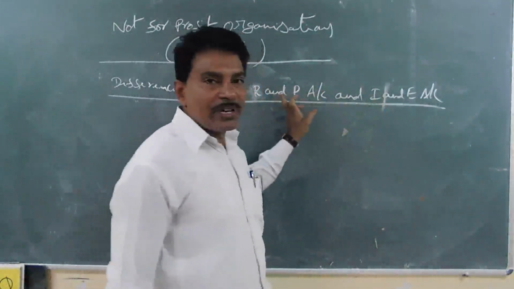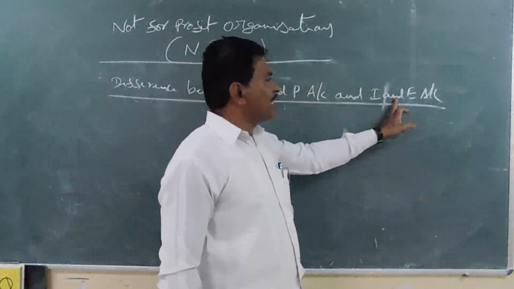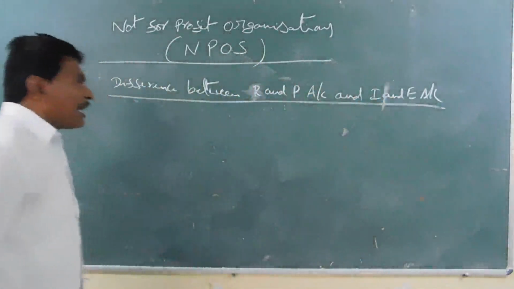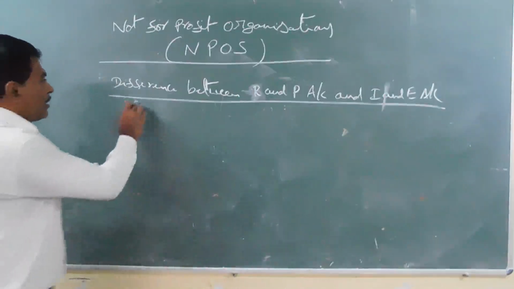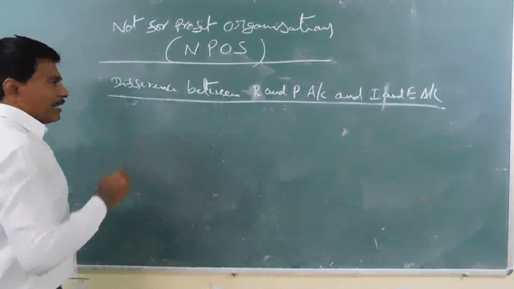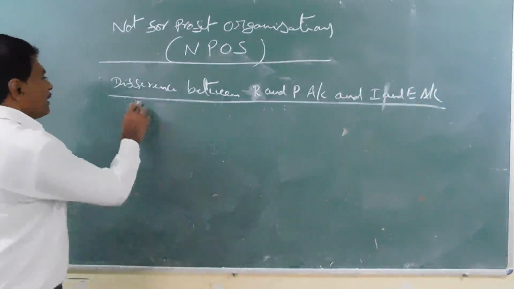R&P means receipts and payments account, and I&E means income and expenditure account. On the basis of the following, these two can be distinguished.